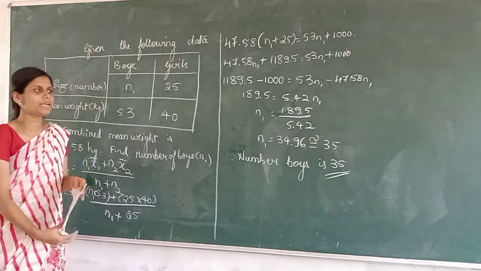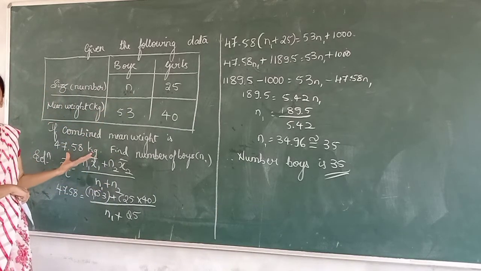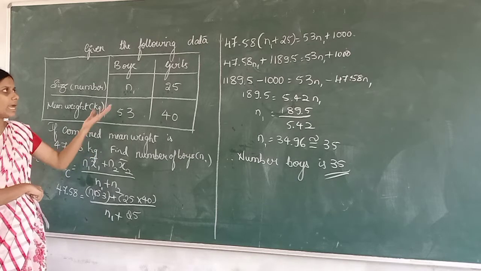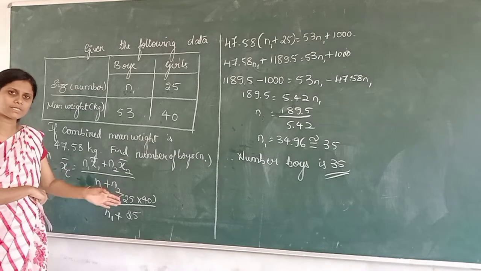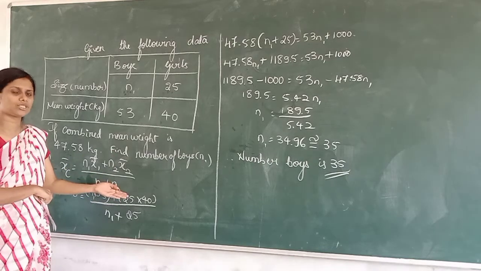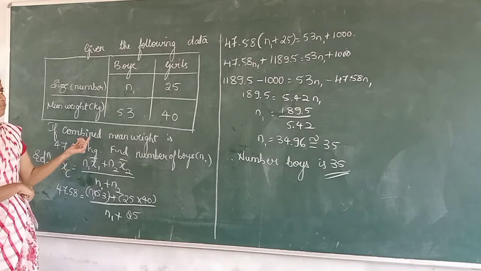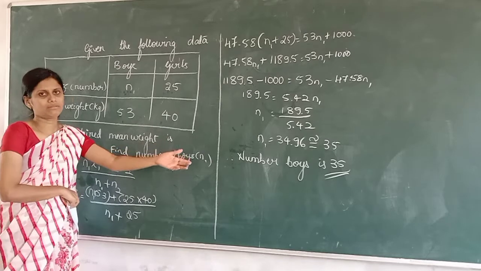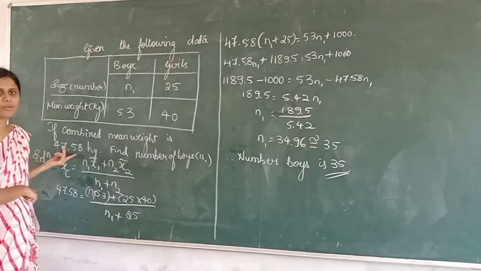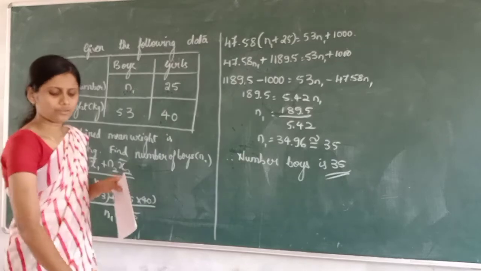So we have calculated n1 with the help of the combined mean formula, because we are provided with the combined mean and we know all the other values needed in the formula. So we substituted those values in this equation and calculated the value of n1 easily. So for the given information, the number of boys is 35 when the combined mean is 47.58. So this is the solution for the given question.